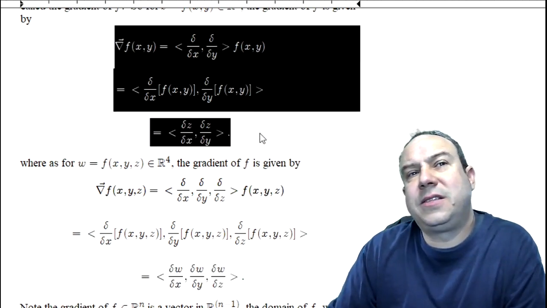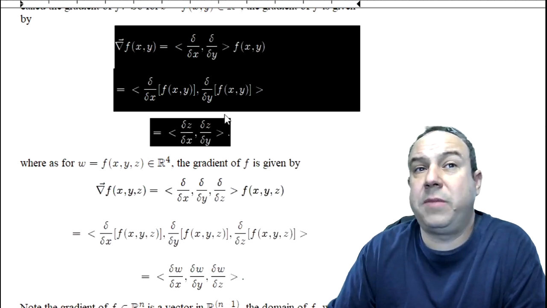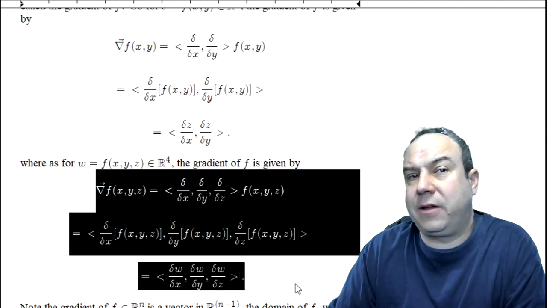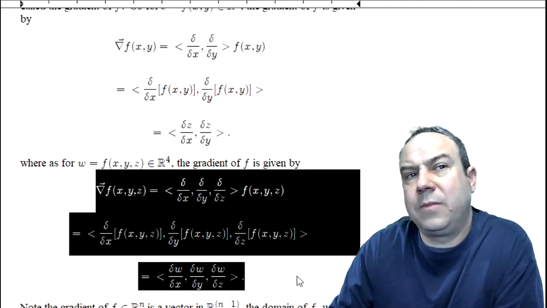Right? This is the calculation of our gradient in two dimensions. Well, I should say for a three-dimensional surface. This is our calculation of gradient for a four-dimensional hypersurface. Right?